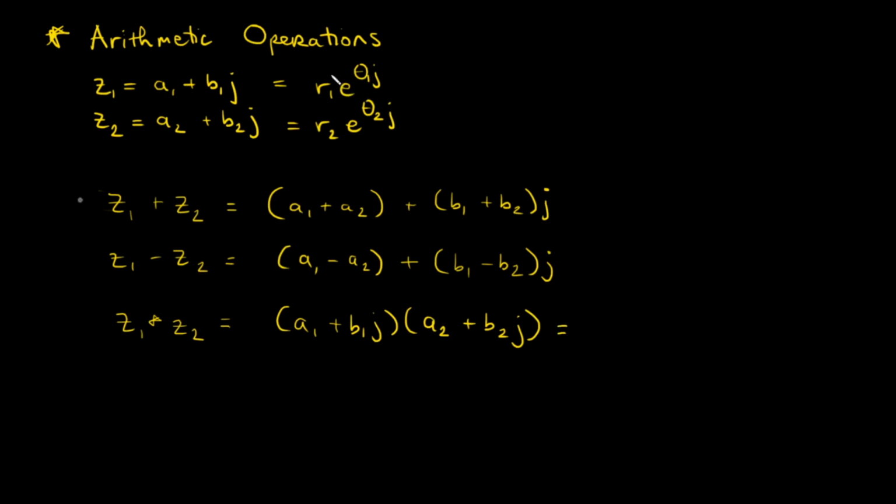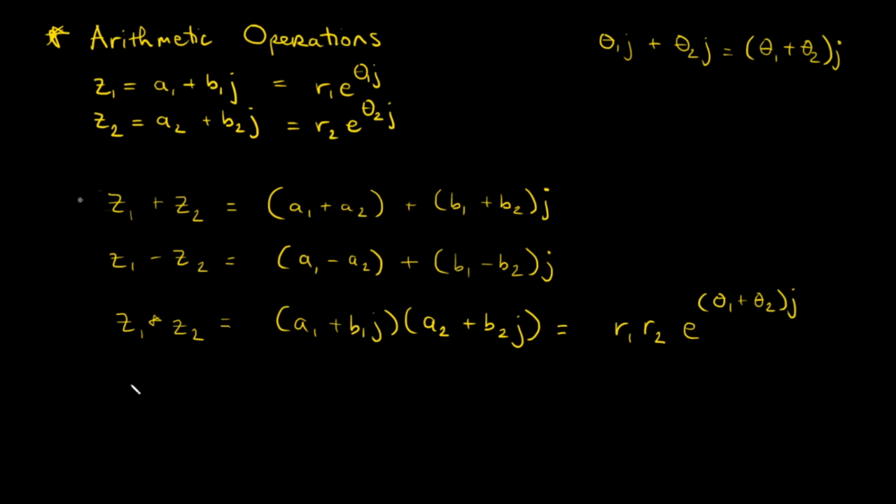If you use the polar form to perform the multiplication, you have r1 times r2, and if you multiply the exponentials together, you perform the addition in the power term, theta 1j plus theta 2j. So we have e to the theta 1 plus theta 2, all times j.